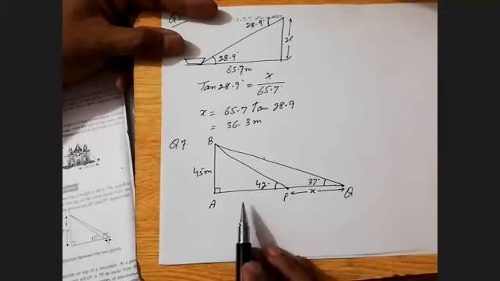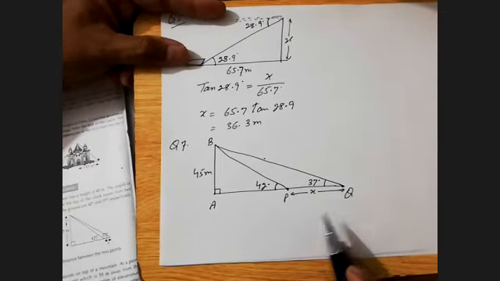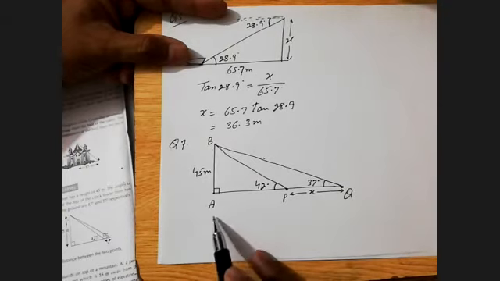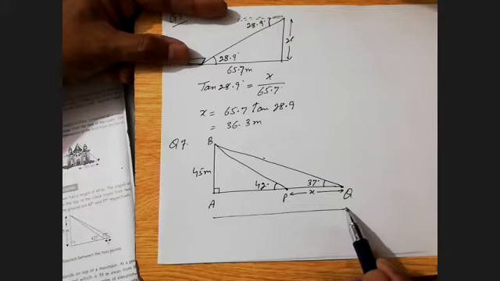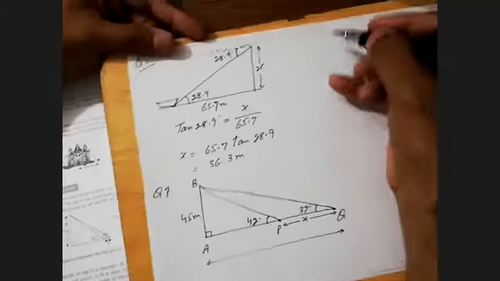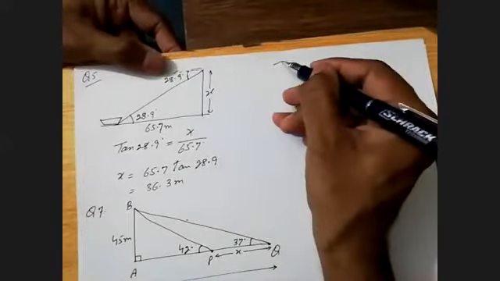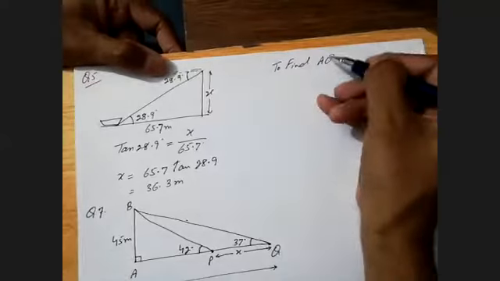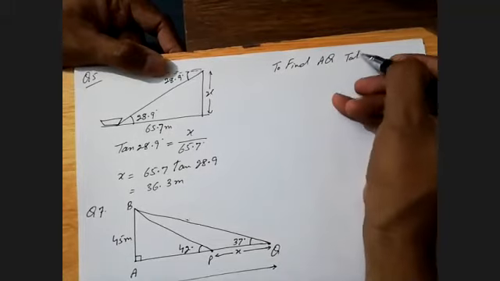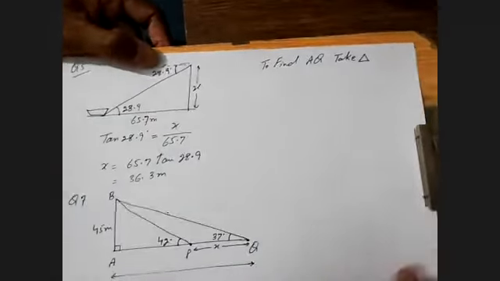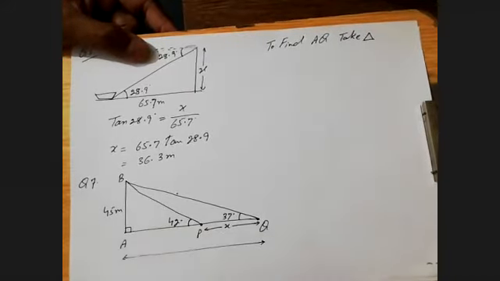First of all, I am going to find out the total length A till Q, AQ. To find AQ, take triangle ABQ.